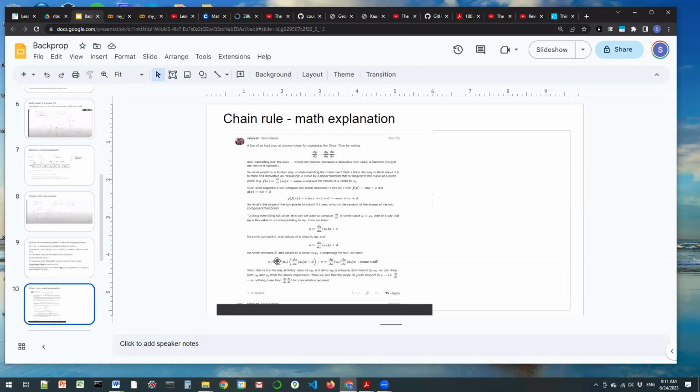Okay? That's essentially what all the math resolves itself to. Now, there's a lot more complexity to it than what I'm trying to say here.